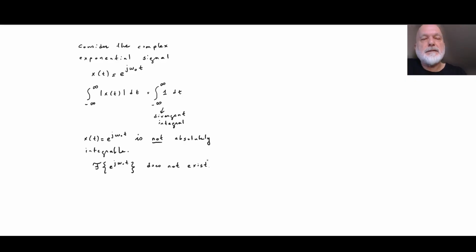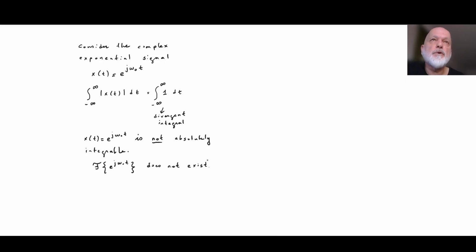In the classical sense. Now, in terms of the Fourier integral, we cannot calculate the Fourier transform of e to j omega 0 t because the integral will be divergent, and therefore the Fourier transform does not exist. Let us remember what we mean by the existence of the Fourier transform.